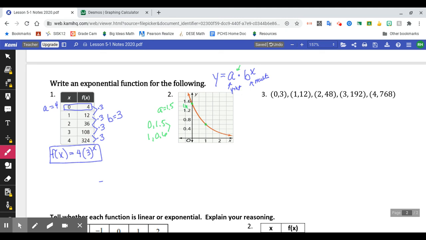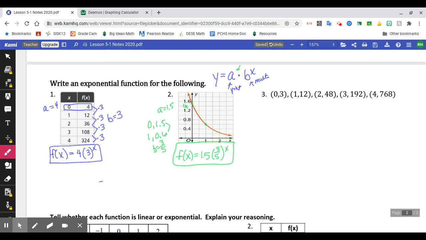So if you take 0.6 divided by 1.5, you should get 3/5 when you turn it into a decimal. So for your b value, you're multiplying by 3/5. So our function is f of x equals 1.5 times 3/5 to the x. It's a decay, so it's smaller than 1.